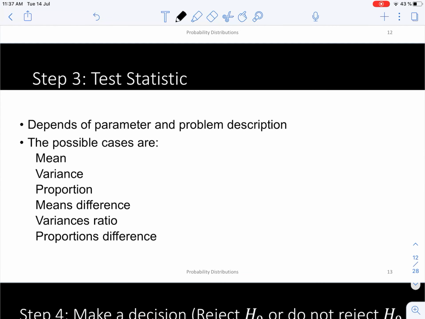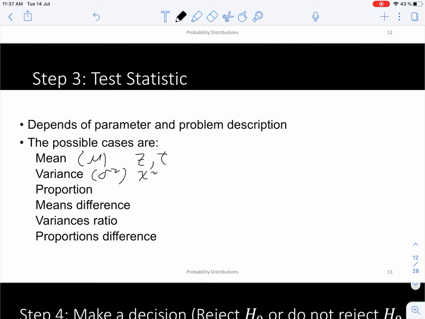Step 3 is the test statistic. That will depend, of course, on the parameter that we are trying to analyze. So if it's mu, the mean value, then the test statistic will be either z or t. If it's variance or standard deviation sigma, then we will use chi-square.